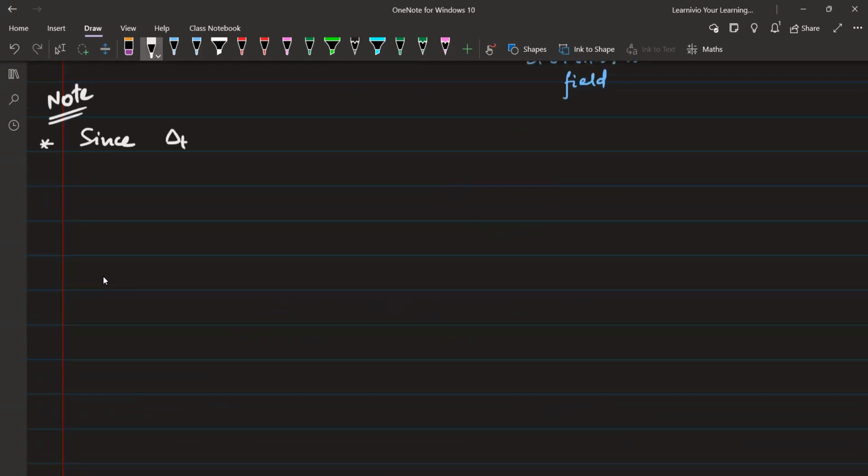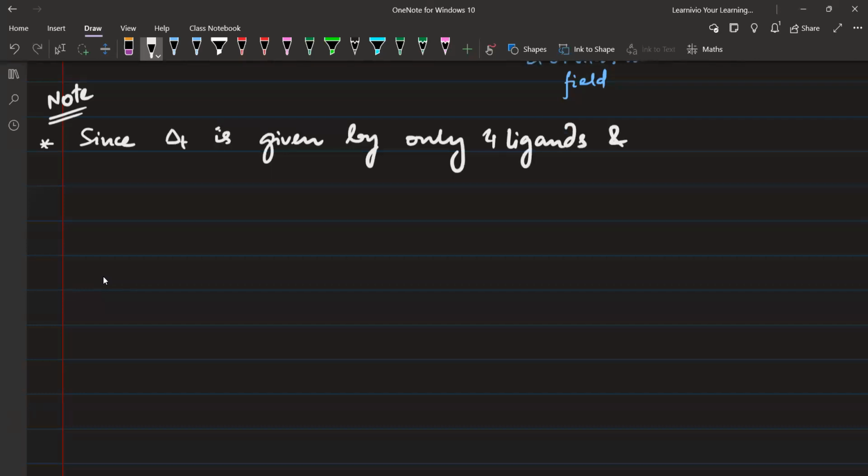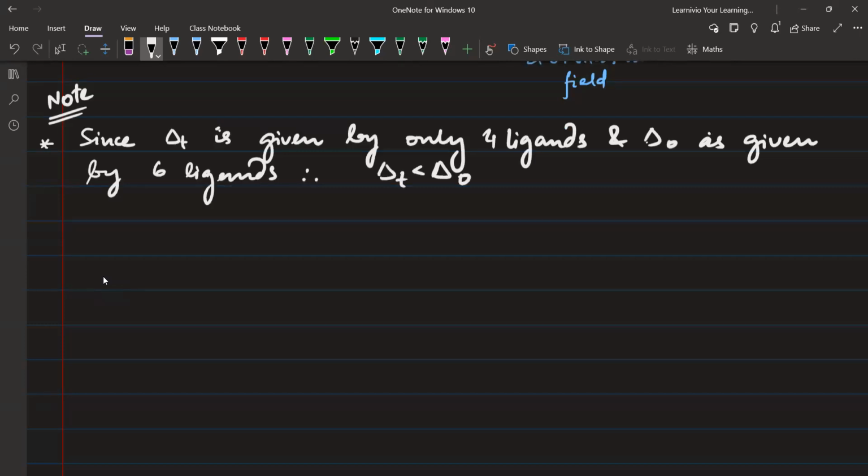Since del T is given by only four ligands and del O is given by six ligands, therefore del T is smaller than del O. Del O क्या होता है? बड़ा होता है.